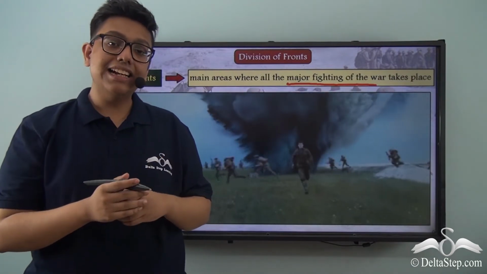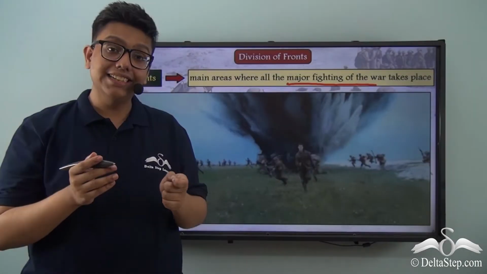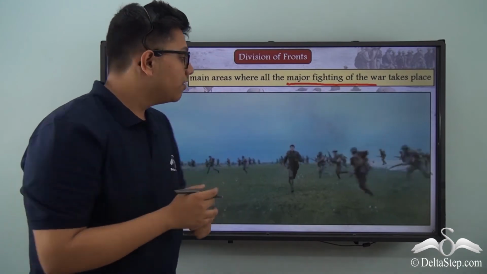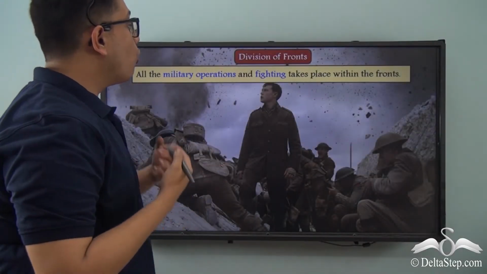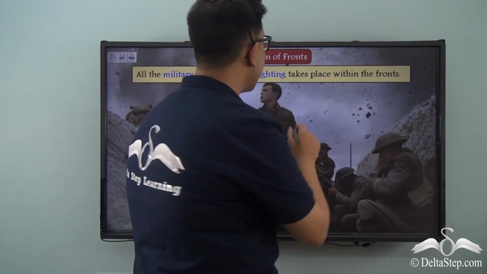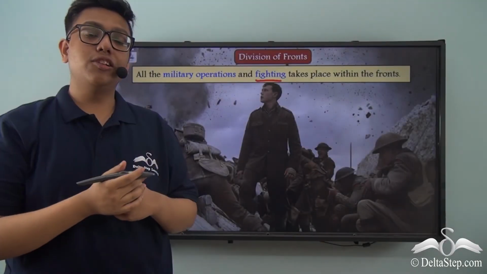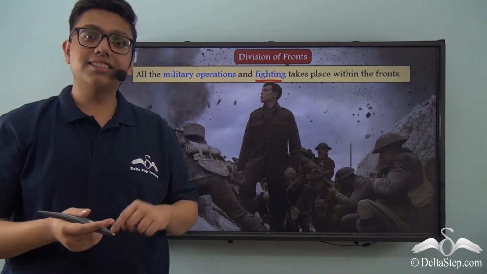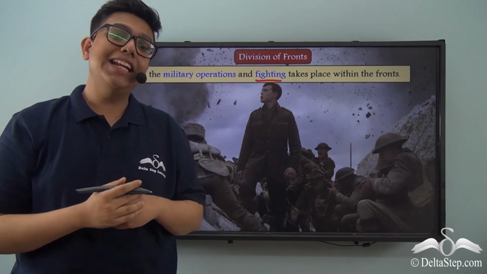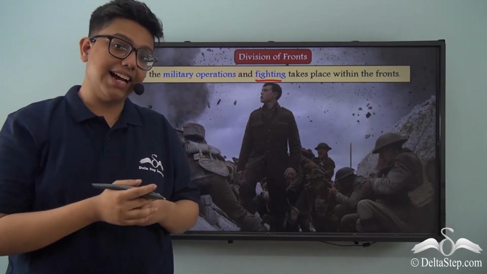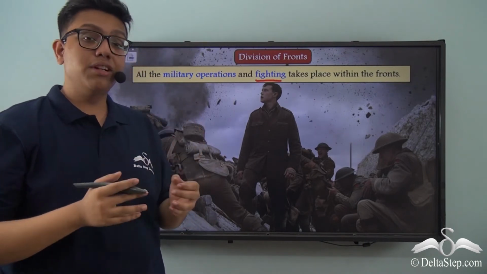And these regions are known as the war fronts, and they are demarcated by front lines, which we just saw. Therefore, all the military operations and the fighting take place within the fronts. Now, this includes all the insurgencies, counter-insurgencies, and various forms of invasions and attacks which take place during the war.